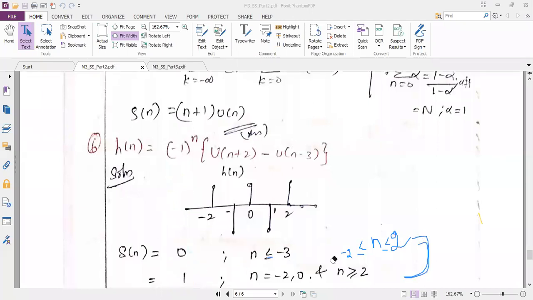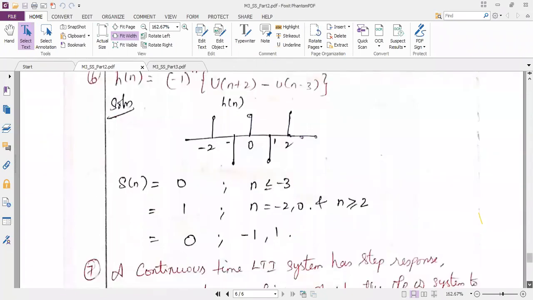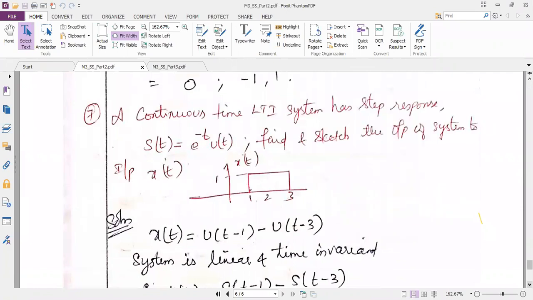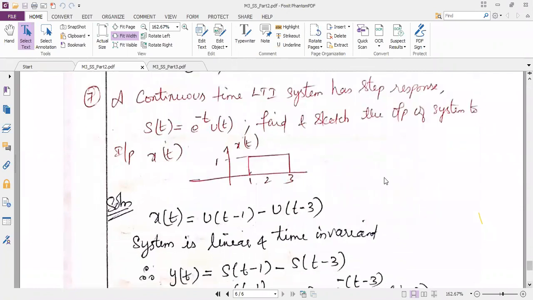So with this, we have completed the 6th problem. We will move on to the 7th problem. The 7th problem is completely different from all the earlier problems. Just copy this question. A continuous time LTI system has step response.